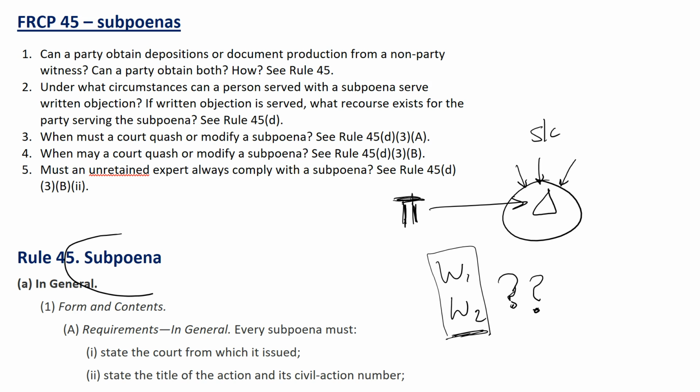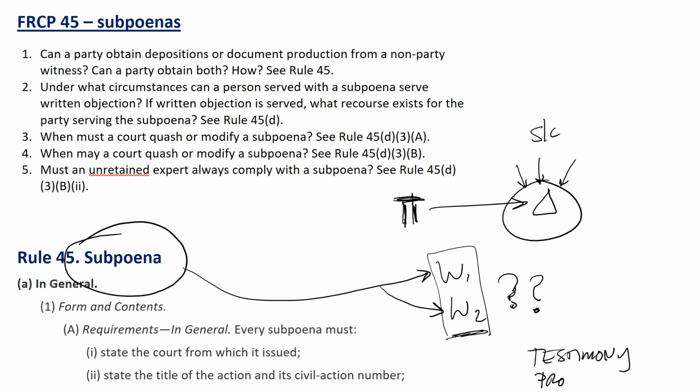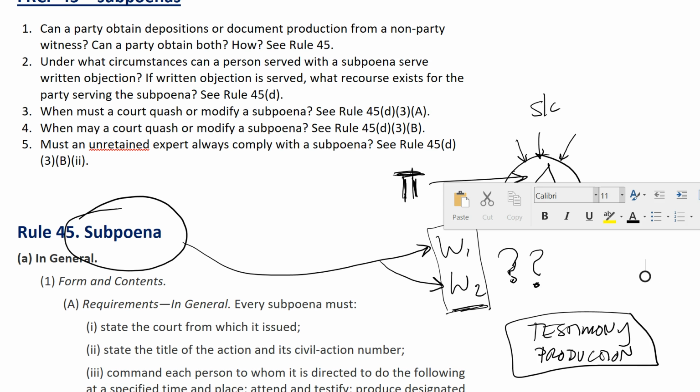Well, a subpoena under Rule 45 does the same thing for non-parties, for those non-party witnesses or those non-parties that have documents and information that's needed for the litigation. So the way you get testimony or you get production of documents, information, things, places from non-parties is via Rule 45 subpoena.